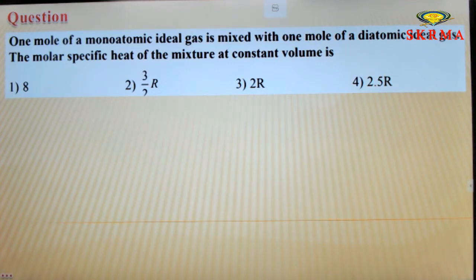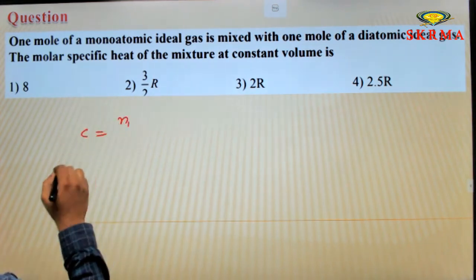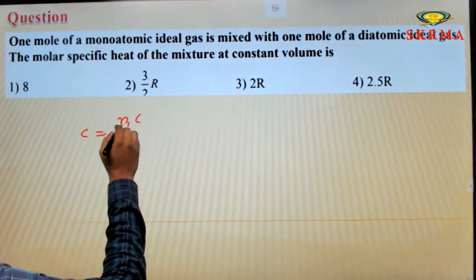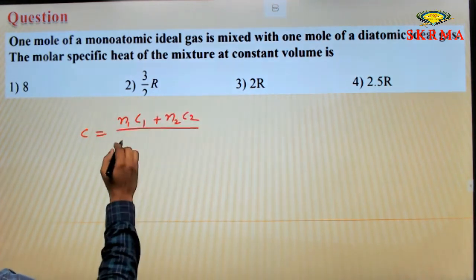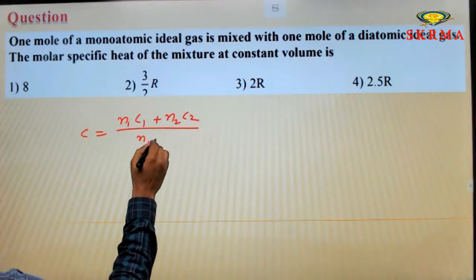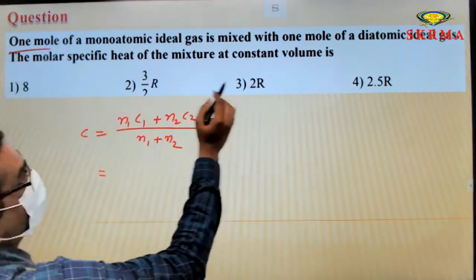Next one: 1 mole of monoatomic ideal gas is mixed with 1 mole of diatomic gas. Then what is the molar specific heat of the mixture? The molar specific heat of the mixture is N1 C1 plus N2 C2 by N1 plus N2. Here N1 is 1 and N2 is also 1.